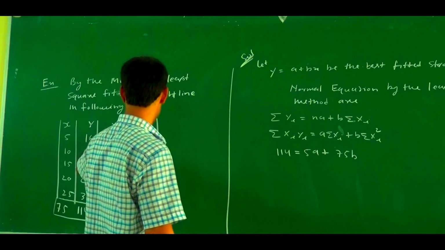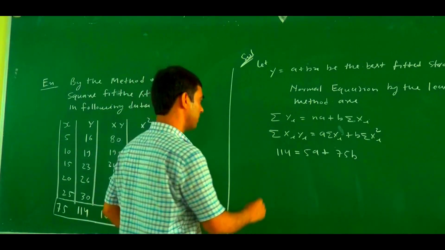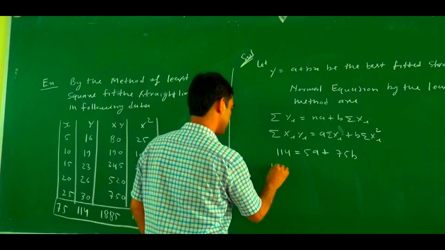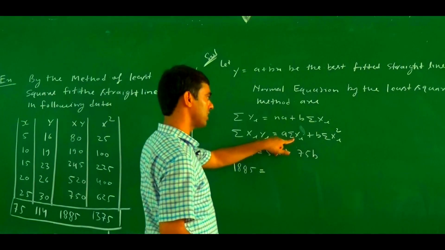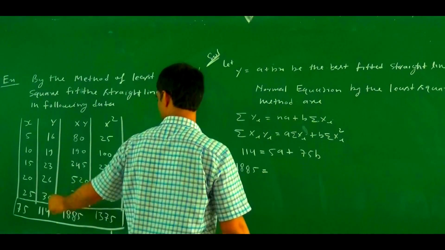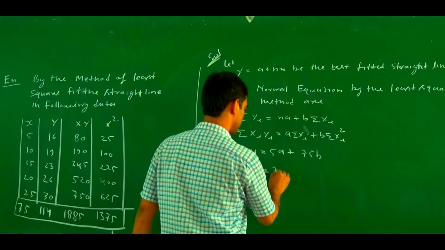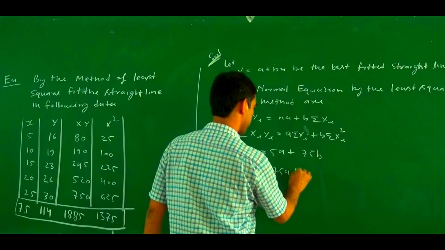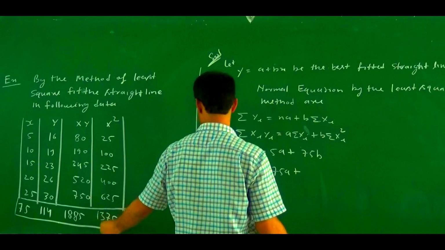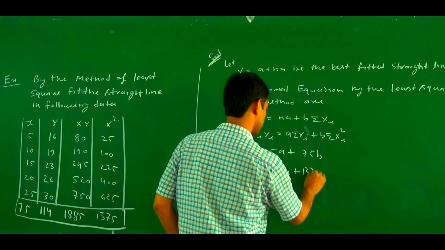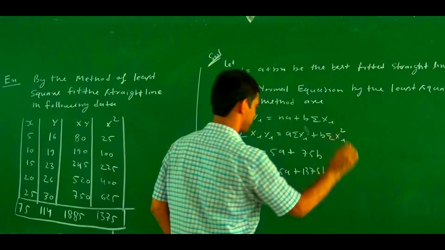In the second normal equation, summation of xi yi becomes 1885, equals 75a plus b times summation of xi square, 1375b.